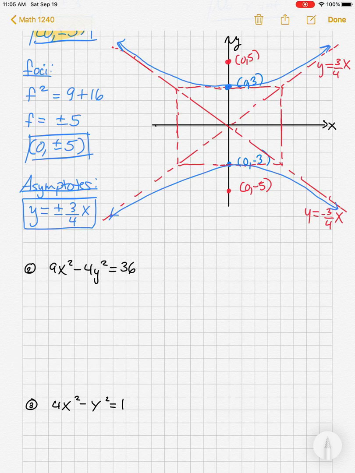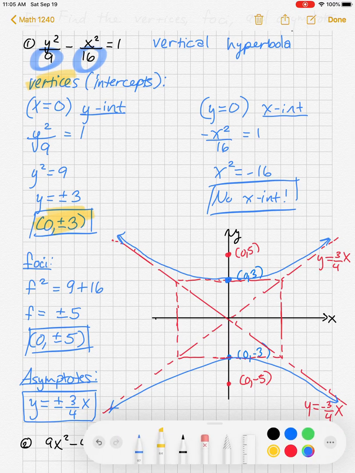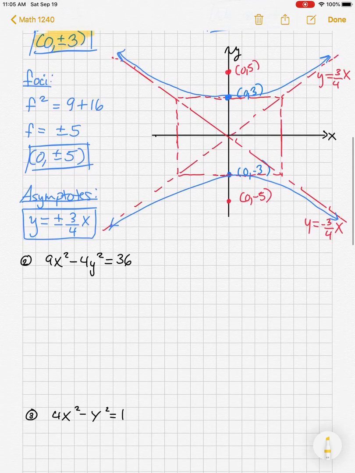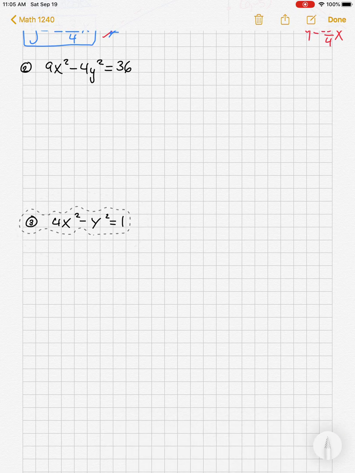So here's another one. In order to really read off the information, I would start by putting this in standard form, in other words, getting a 1 on the right side. So I would divide everything by 36.